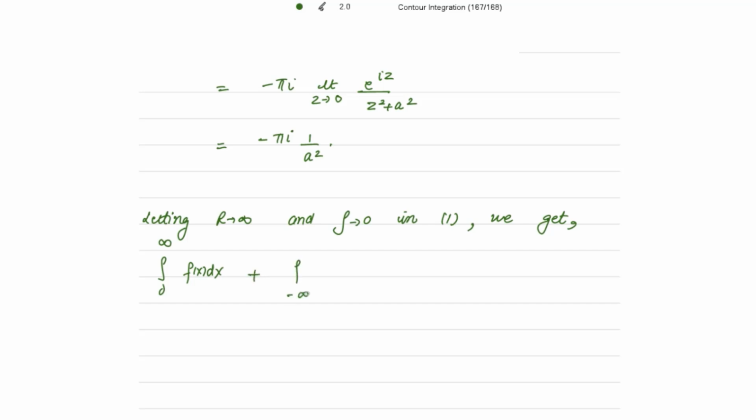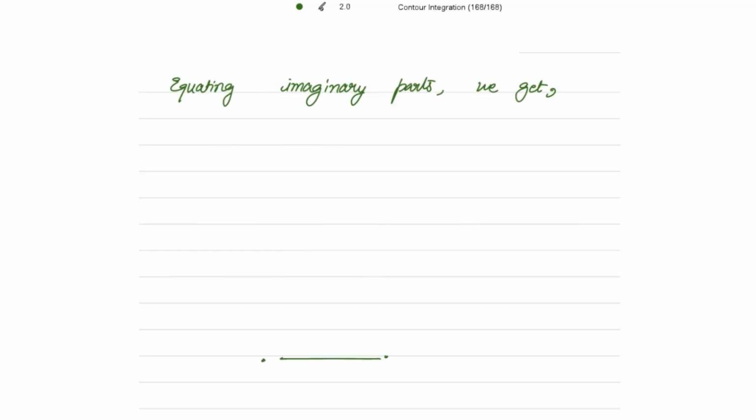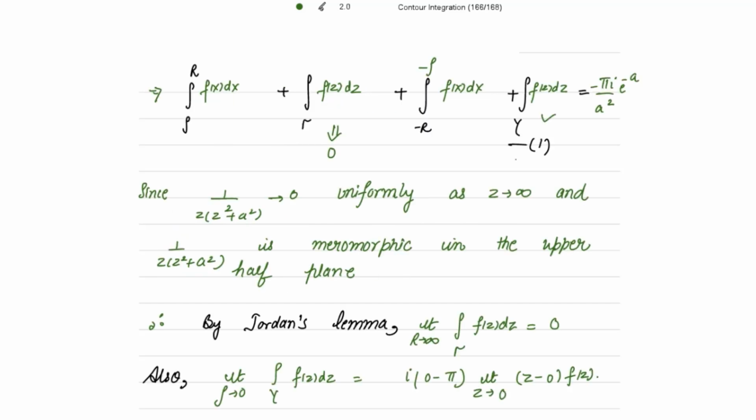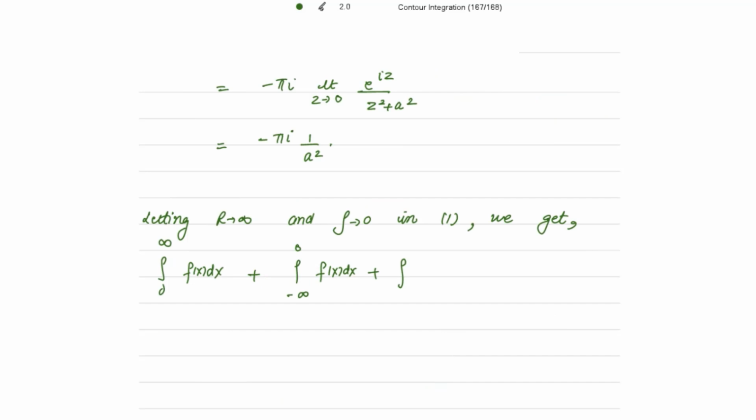So this is negative infinity to 0, f of x dx, plus for the last gamma I have simply f(z) dz.